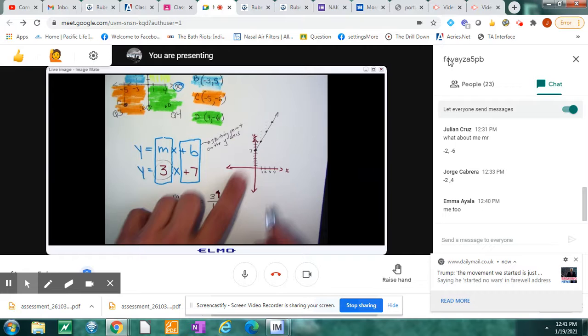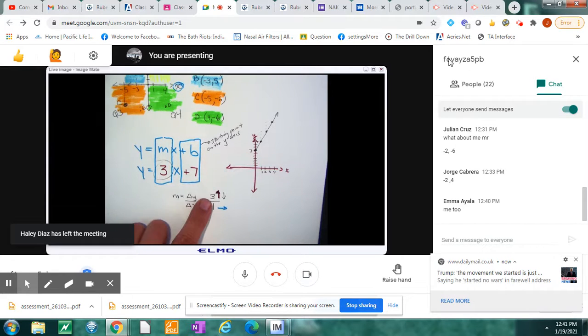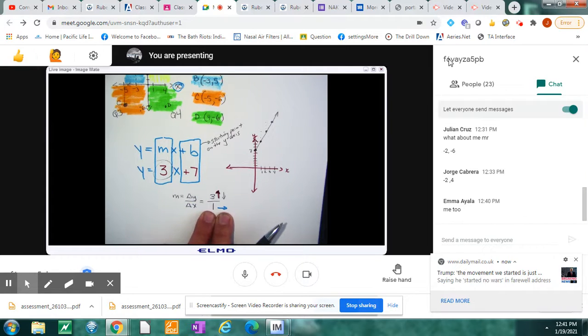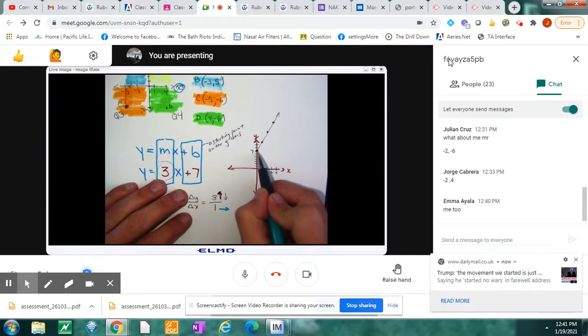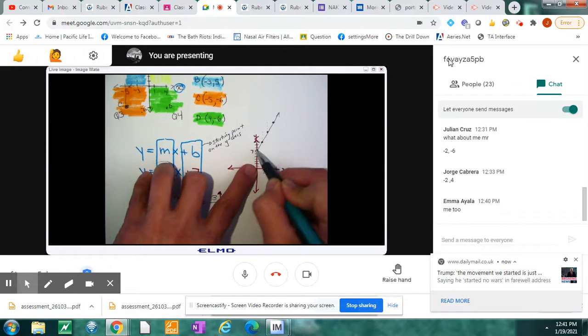So again, now I need the other part, right? So instead of going up, what's the opposite of going up? Going down, right? And the opposite of making a right, you're gonna go left. Remember, it has to be a straight line. So if I go 1, 2, 3, 1, it's gonna be like this, right?